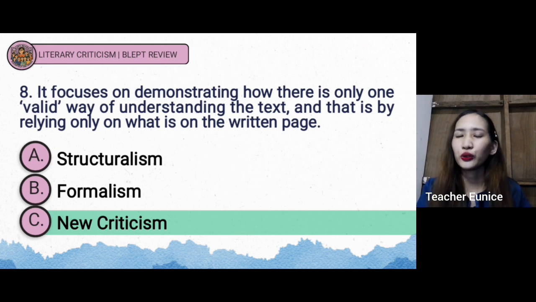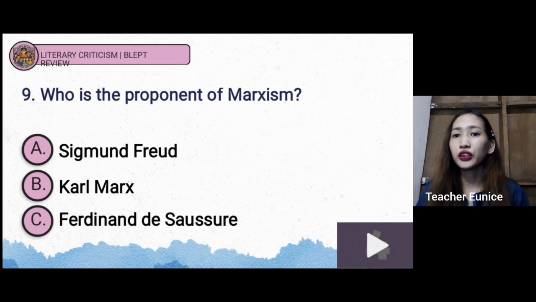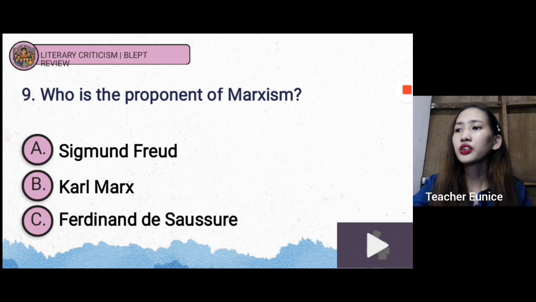Okay, let's move on to question number 9. Who is the proponent of Marxism? Letter A, Sigmund Freud. Letter B, Karl Marx. Letter C, Ferdinand de Saussure. So your 5 second timer starts now.